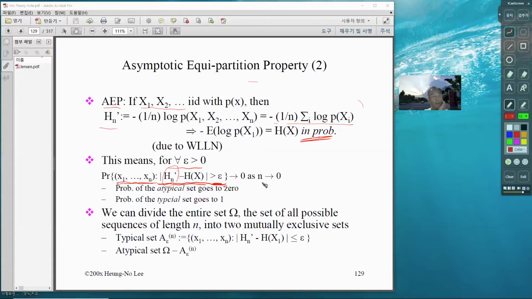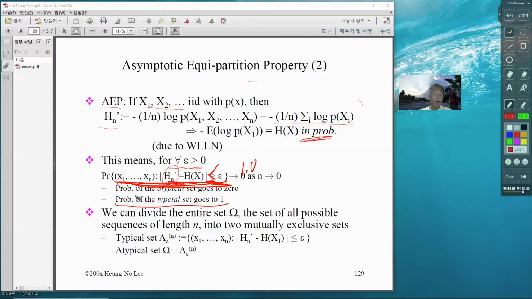And if we take this the other way around, let's say less than or equal to epsilon, then this probability goes to 1. And this set right here, where convergence occurs, that is called the typical set, okay?